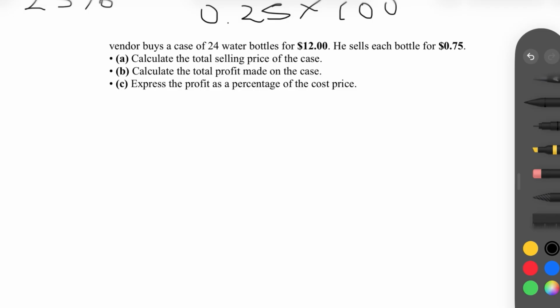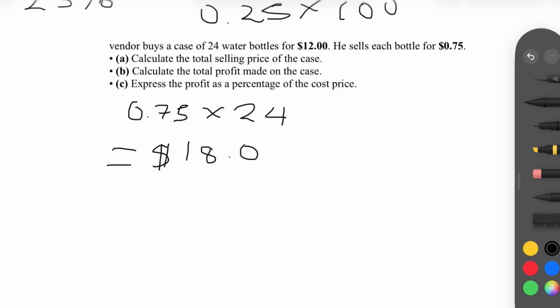So they said right here that they sold it for 0.75, 75 cents, right? So what we're going to do is multiply that by the amount sold. And by doing this, you get the total amount that the vendor made.